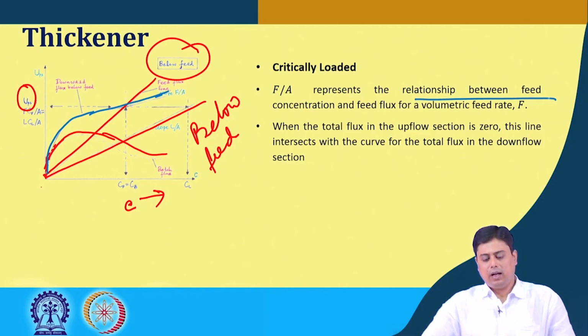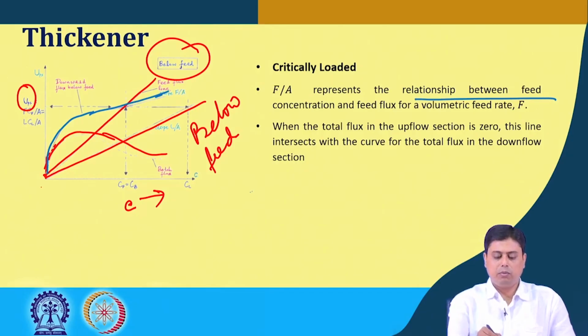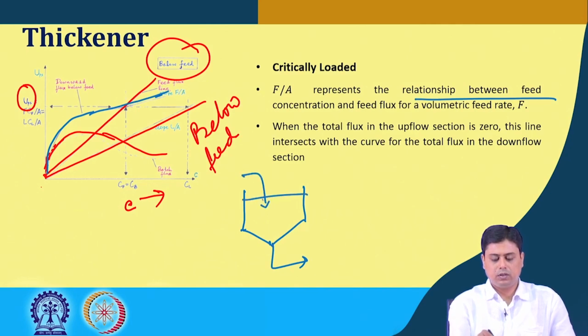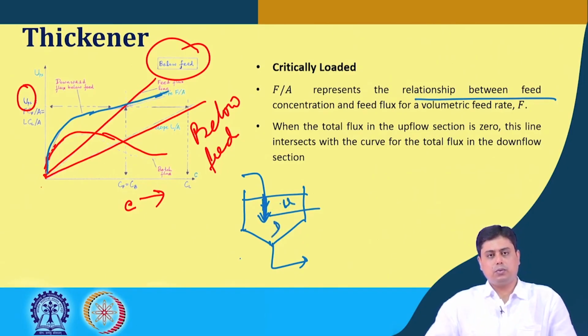When the total flux in the upflow section is 0, again you remember the thickener geometry. If feed is fed at a depth of this distance, you have upflow in this zone and you have downflow in this zone.